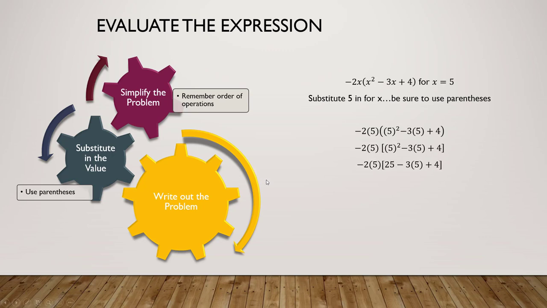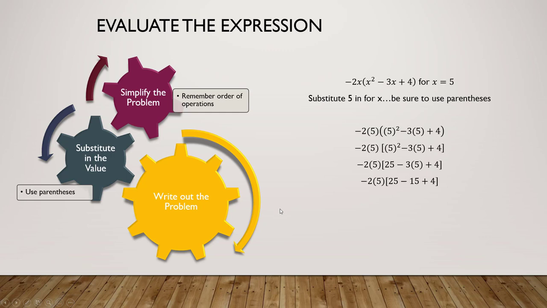Squaring the 5, we have 25. So we would have -2 times the quantity 5, opening a square bracket, 25 minus 3 times the quantity 5 plus 4, closing the square bracket. Again, inside the square brackets, we would do the 3 times 5, which is 15, sorry.